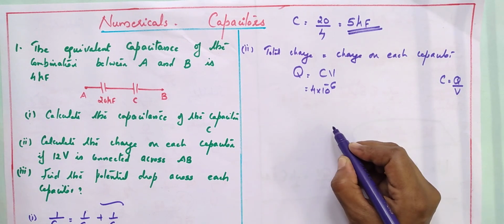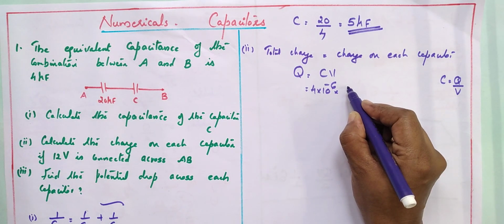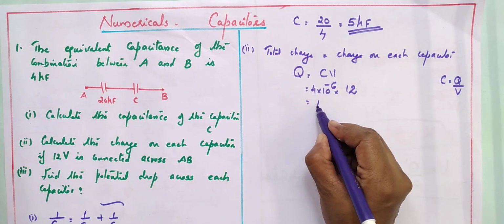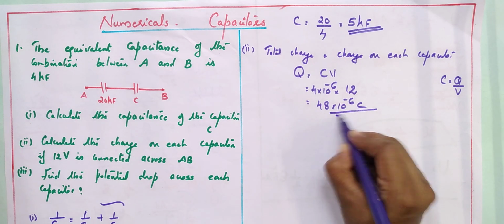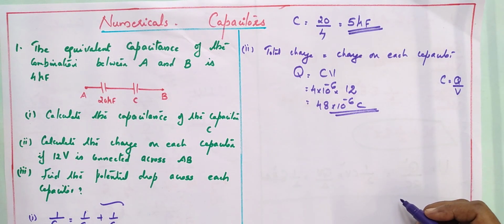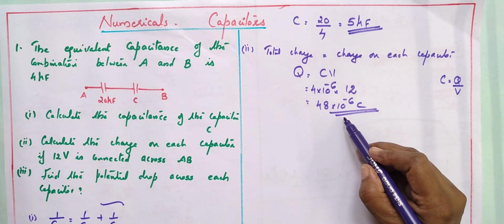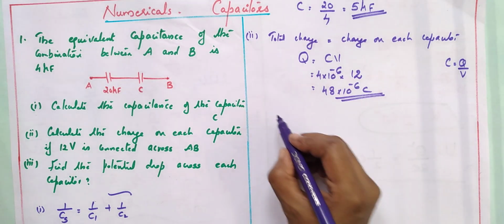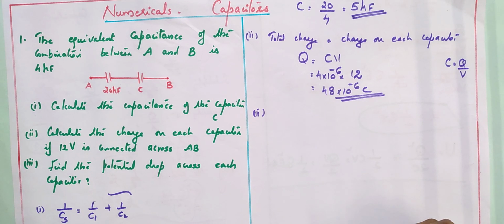We can convert to farad: 4 into 10 raised to minus 6, into the total voltage given in the question as 12 volt. Simplifying, 48 into 10 raised to minus 6 coulomb. So the total charge and the charge on each capacitor is 48 into 10 raised to minus 6 coulomb.